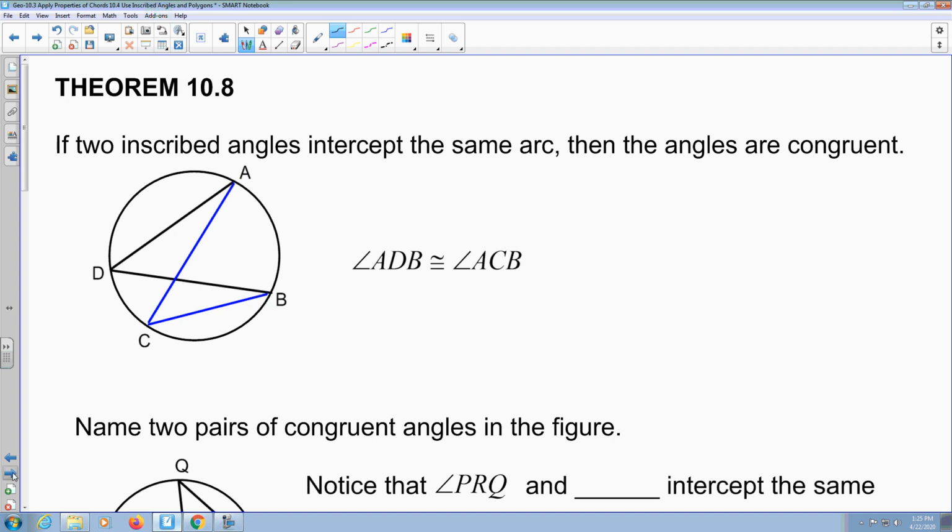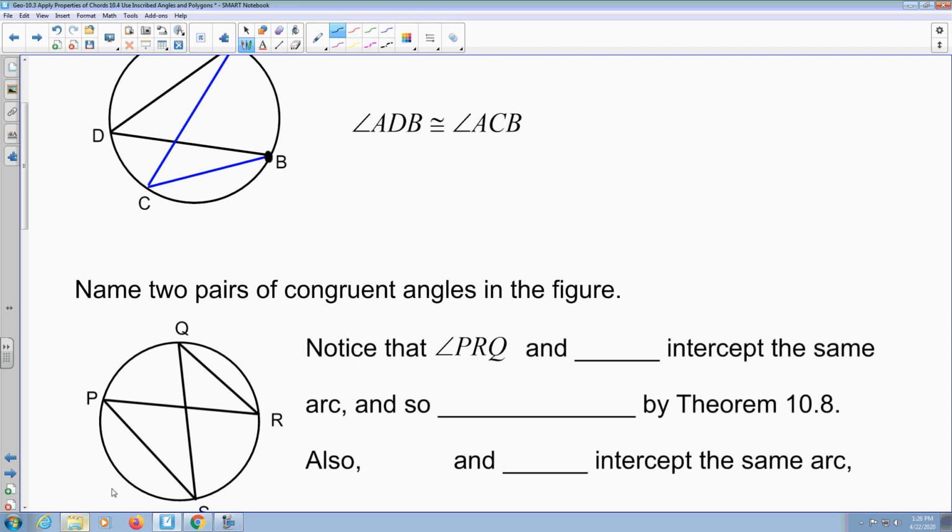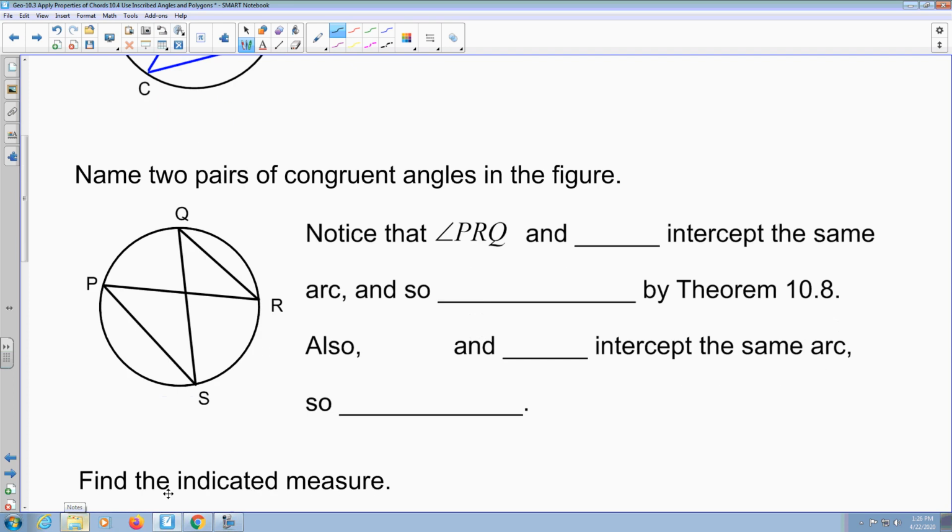So what they're saying is, yes, the angles have different endpoints with C and D, but as long as they both start with A and end with B or vice versa, we can say that those two angles are going to be congruent. So here it says name the two pairs of congruent angles in the figure.